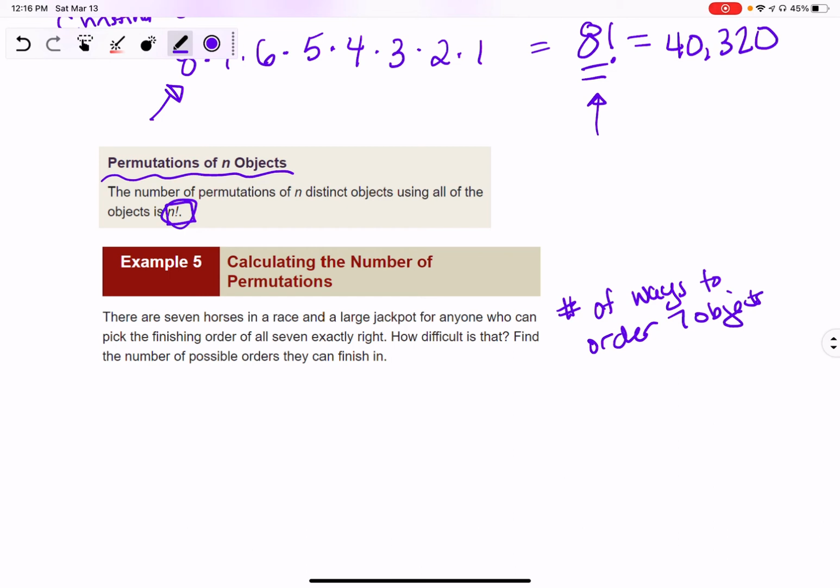Someone has to be in first or second, third, and so on. So this is a permutation problem because we're interested in that number of ways. In other words, we can say 7 factorial, 7, 6, 5, 4, 3, 2, 1, which gives us 5,040. Okay, there are 5,040 possible finishing orders.